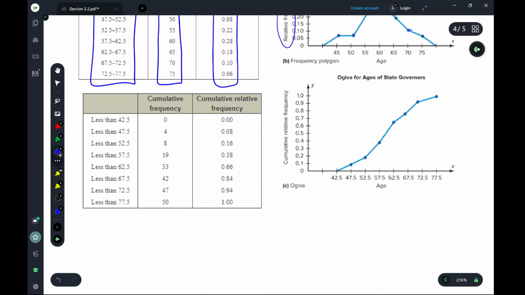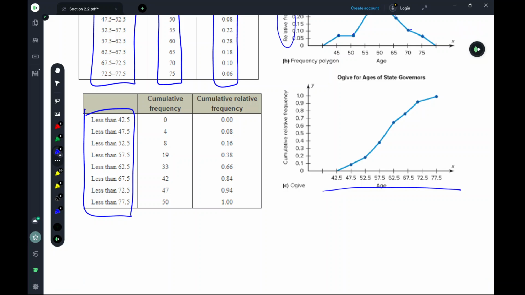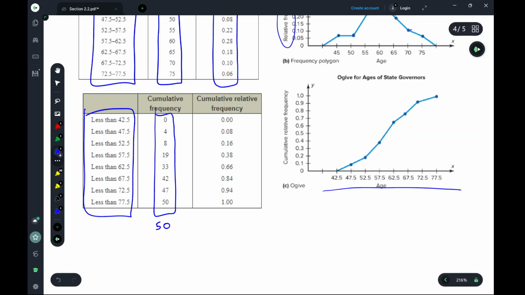And last but not least, an ogive. Notice the horizontal axis is still the "less than" certain boundaries, but then for the cumulative frequencies we calculated, take a look at what happens. We know that we have a total of 50 values. Well, 0 out of 50 is 0%. 4 out of 50 is 8%. Now there are 8 values that are less than 52.5, so 8 out of 50 is 16%. 19 values are less than 57.5.